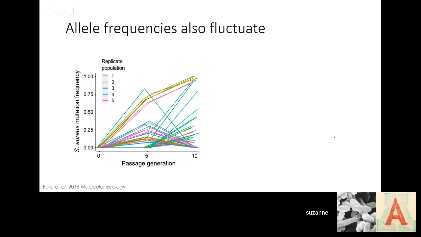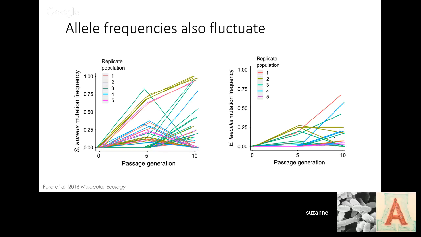So that's pretty neat. We did the same thing with the Enterococcus, the defensive symbiont. And you can see here that you get, again, the same kind of fluctuations, albeit to a lesser degree. Interestingly, we have fewer mutations overall, and they're also spreading to much lower frequencies.